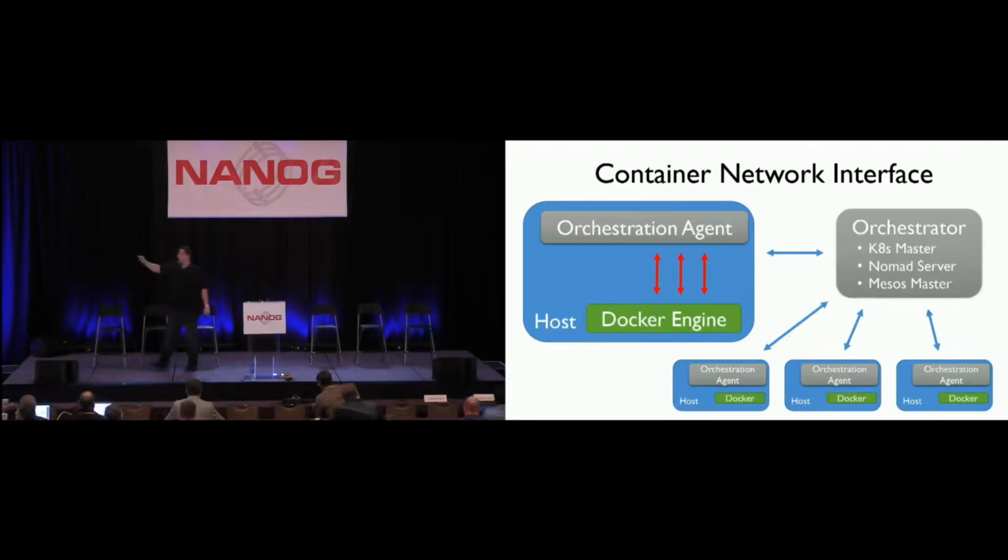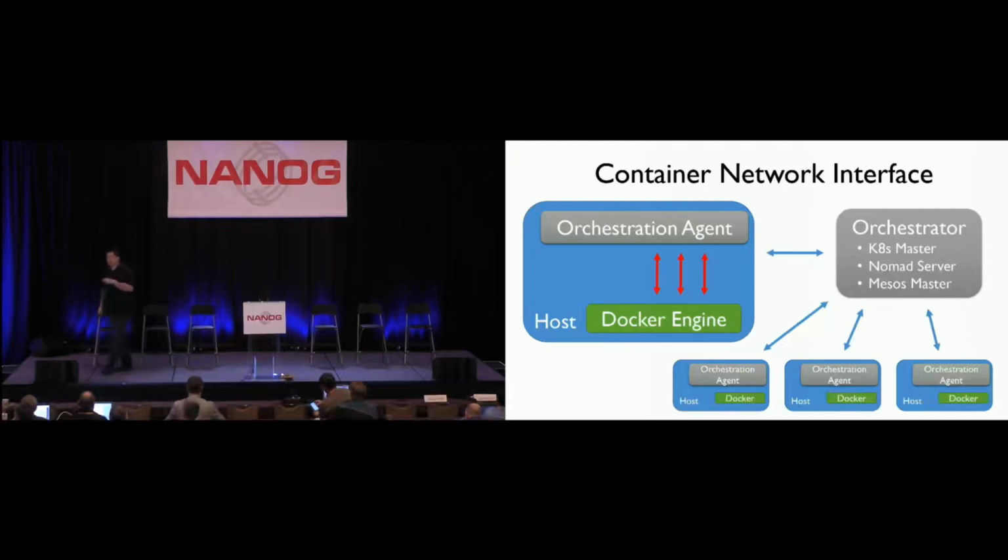Now, those orchestration agents will talk to an orchestrator, which is Kubernetes, maybe a Mesos server. There is a new thing in town, Nomad. And when they talk, the master would call the slave and say, run this command for me, and I want you to use the bridge driver, and here's a network definition that I want you to use.